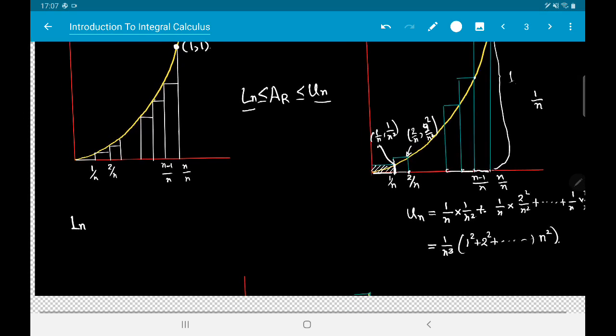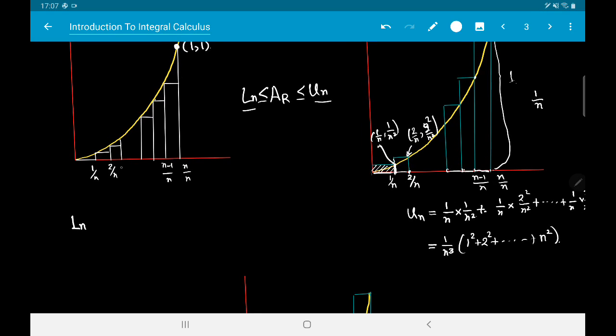And how do we compute the area of this smaller region? Here we have to compute the area of this rectangle, this rectangle, this rectangle, etc., which are given in white. Again, the first one here does not contribute anything, but we will write it, so let me write 0. And then what is the area of the next rectangle? We have seen that this is determined by the y coordinate of this point, so 1 by n square.